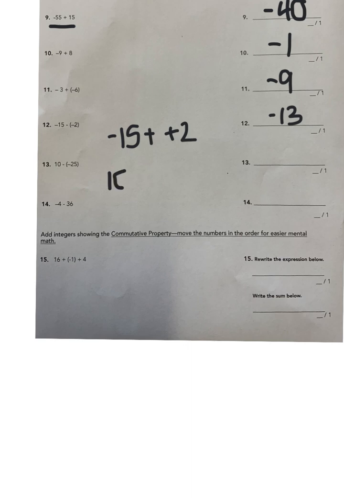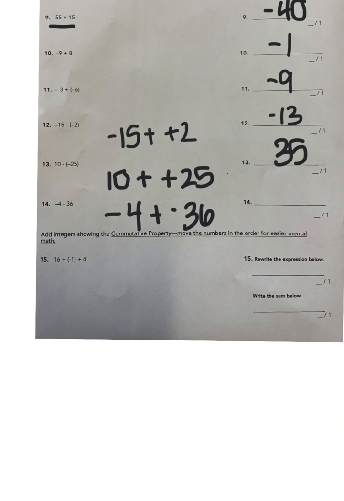So 10 plus positive 25 gives me 35. And then -4 minus 36, we could change that into an addition problem as well. So -4 plus -36. So we're going to move back 36 more from -4, so we're going to get -40.